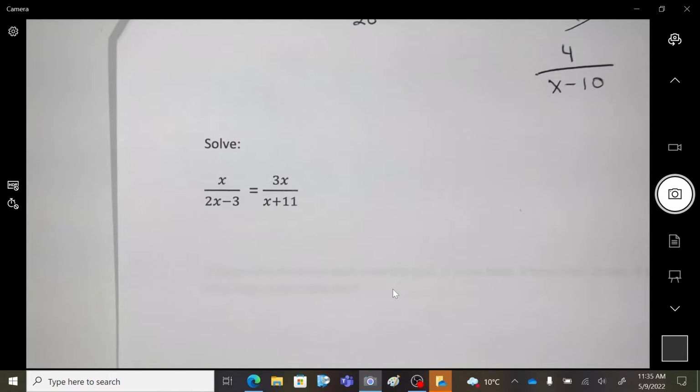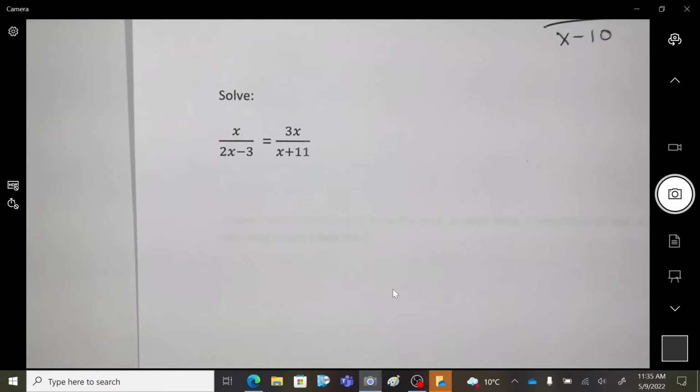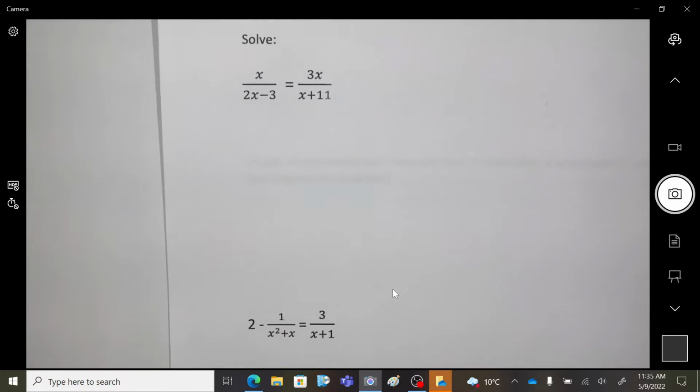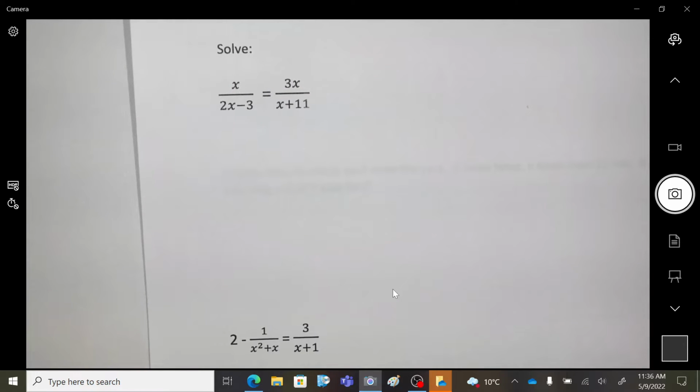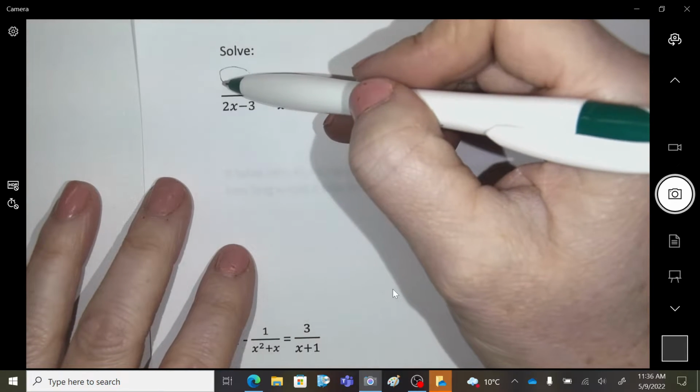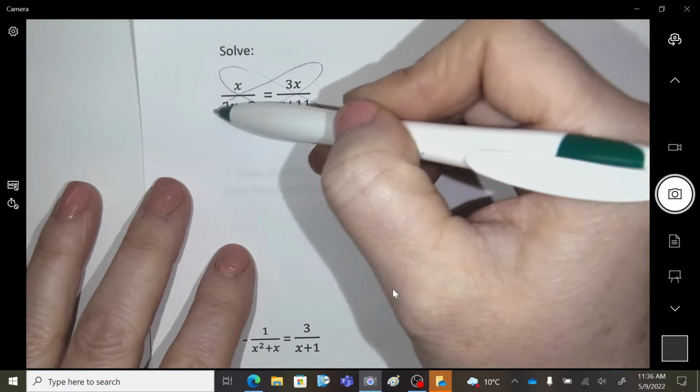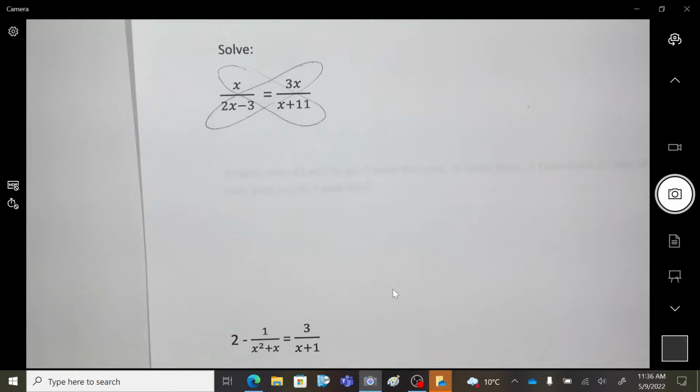Okay, we have 2 equations to solve here. I gave you 2 strategies. And which one is this? Cross multiply or common denominator style? This would be I can cross multiply that style.